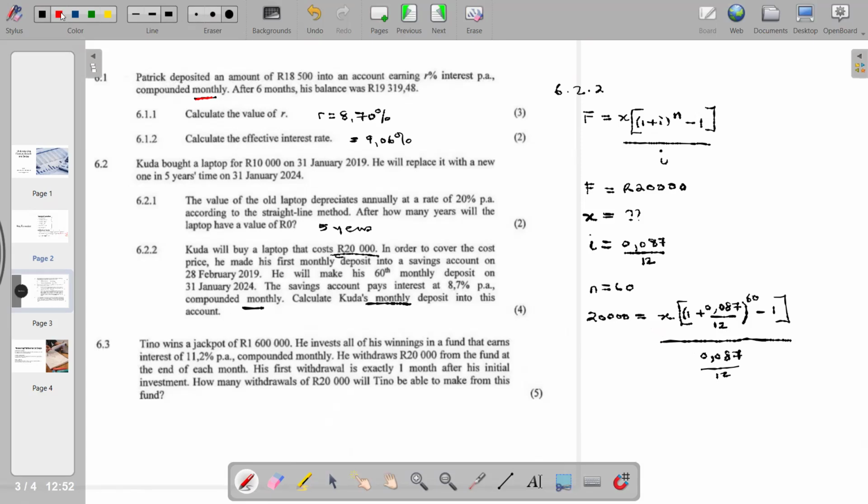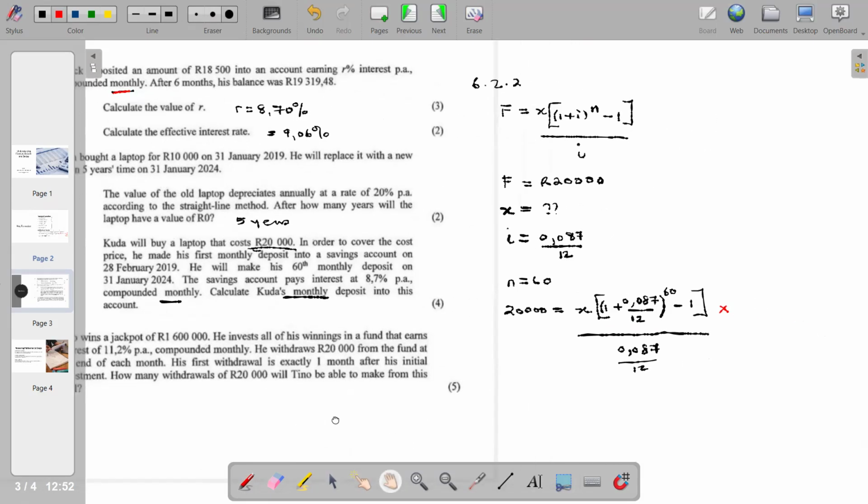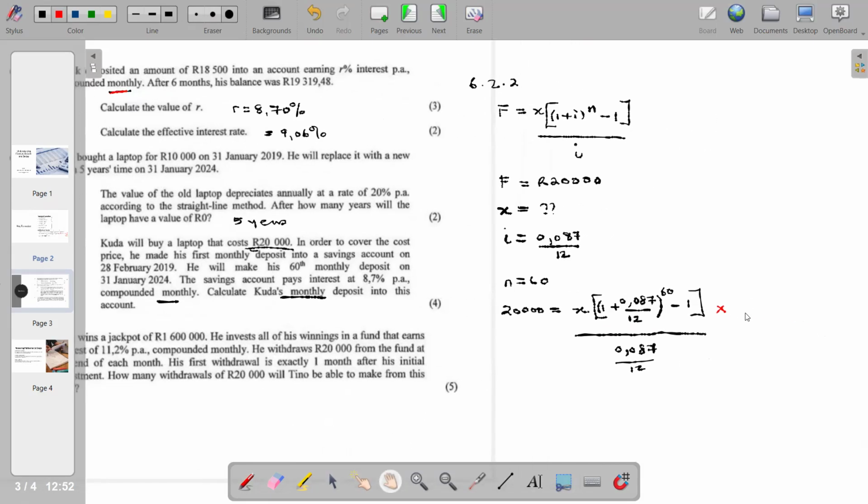So it means here we multiply both the numerator and the denominator. So it means here it's going to be 0.087 over 12 there.